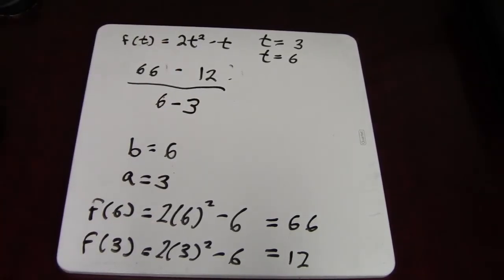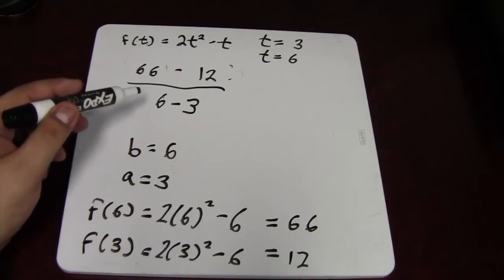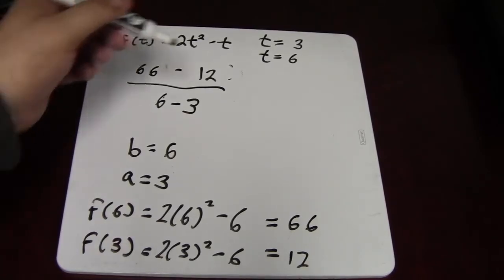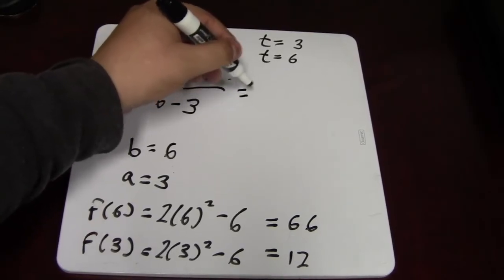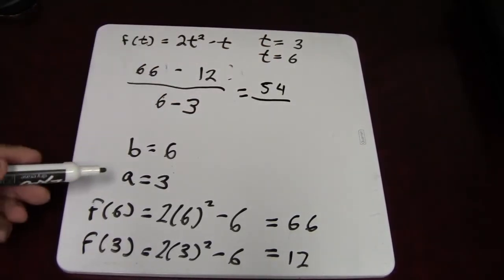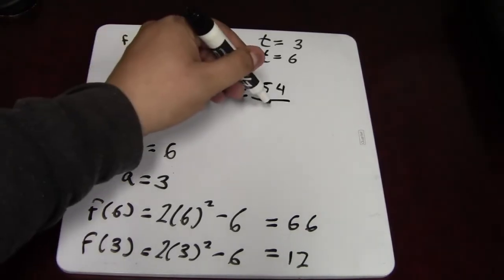So I've worked out what everything equals here, and I've just plugged them into the formula for the rate of change. Now, 66 minus 12, this is equal to 54. And then on the bottom here, we have 6 minus 3, which is 3.